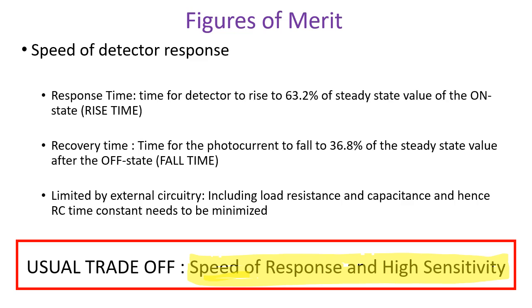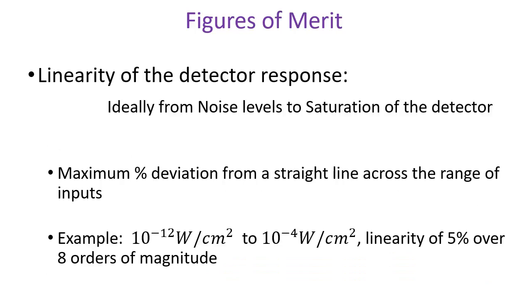That would mean you certainly want the signal to be absorbed within a large region of the detector, and hence correspondingly your speed at which you can respond decreases. So these are the usual trade-offs that you need to keep in mind, and they play an important role.